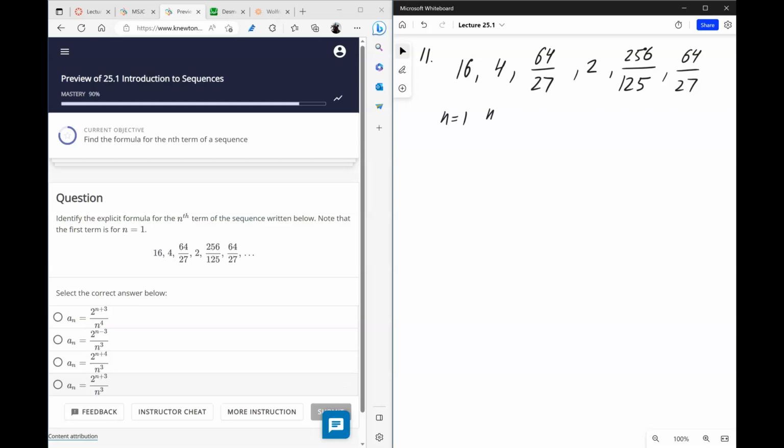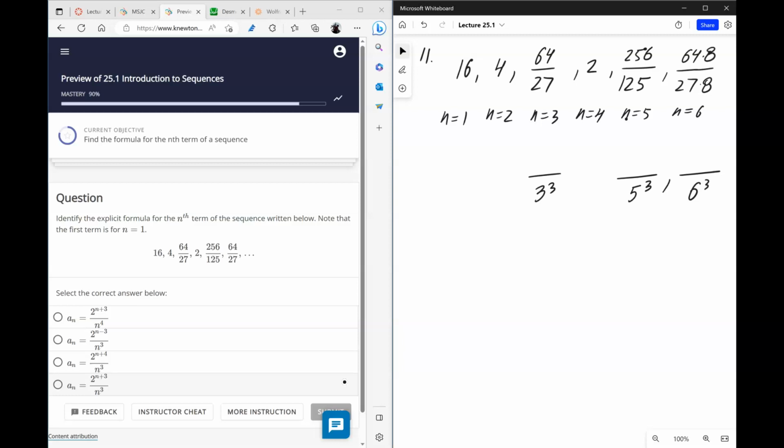N equals 1, n equals 2, n equals 3, n equals 4, n equals 5, n equals 6. Now here's the pattern. We have 3 cube here. We have 5 cube here. So I would assume we should have 6 cube here. But 27 is only 3 cubes, so we need to multiply it by another 8.